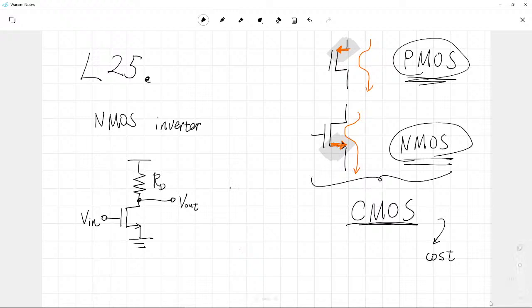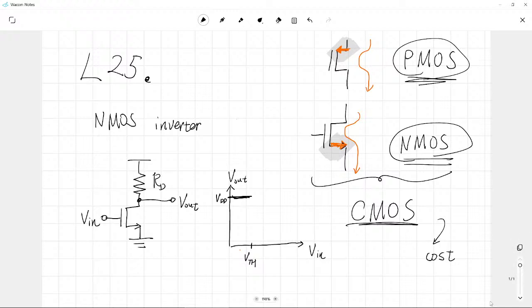How does it look? I have told you many times that here we have Vin and Vout. In the case of low input voltage, since the NMOSFET is completely turned off, we have exactly VDD in this case. Let's say this is the threshold voltage of our NMOSFET.